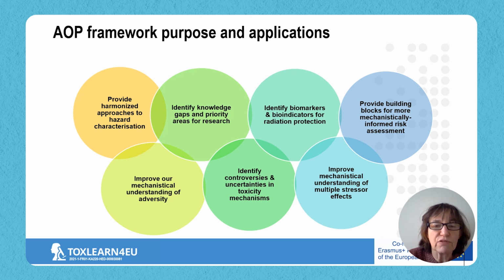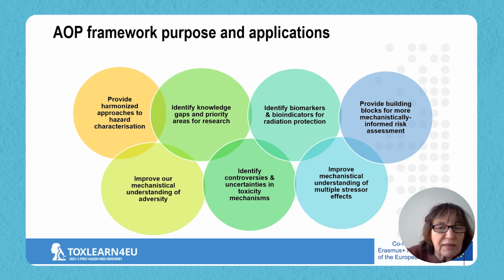For example, if you see that there is really a knowledge gap, you know that is the way to go. They might also, and that's especially for quantitative ones, be a way to detect new biomarkers or bioindicators, not only for radiation protection, but for any environmental stressor.